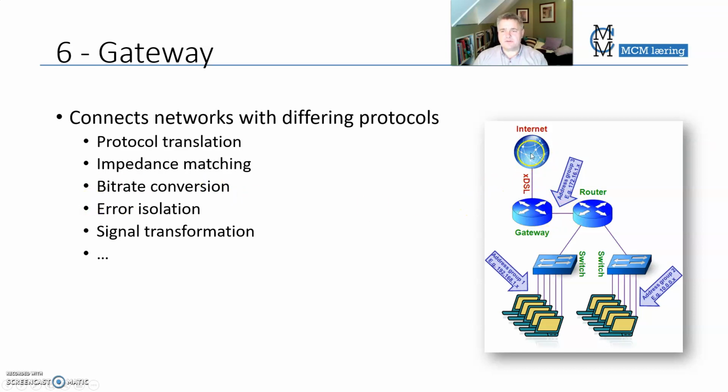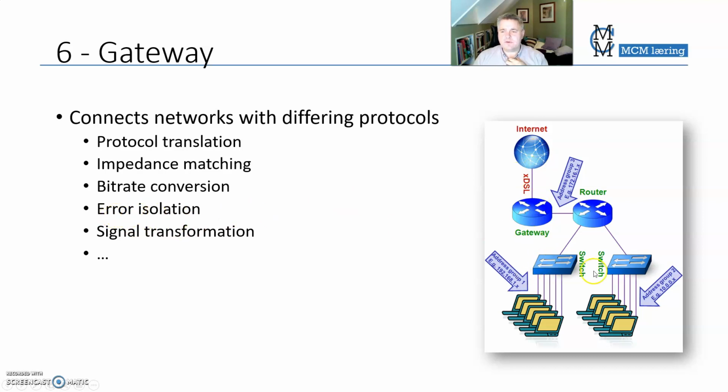Bitrate conversion: for example, this traffic here could be much faster than a download speed from the internet, so when a message comes from here really fast, the gateway can buffer it and send it onto the internet at a suitable speed. So it has bitrate conversion in order to match the speed of the network that it's supposed to be sent onto.